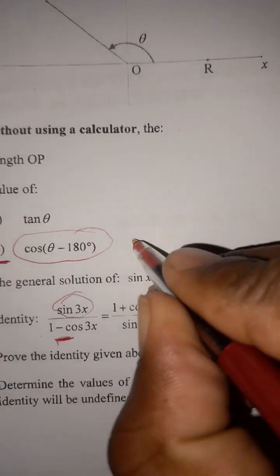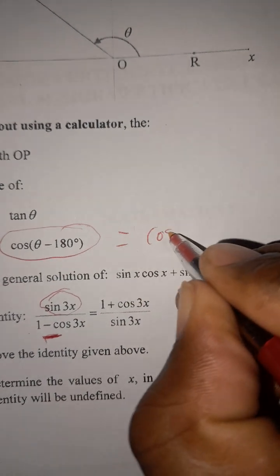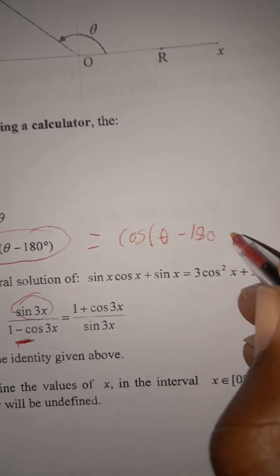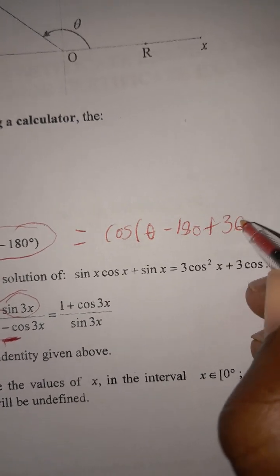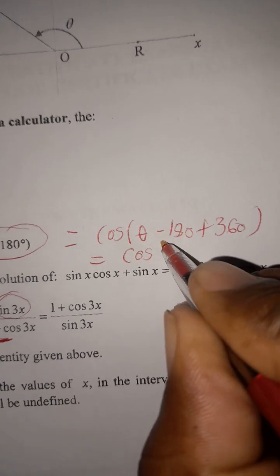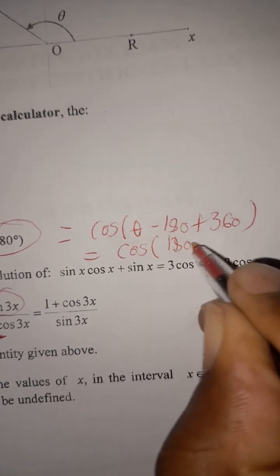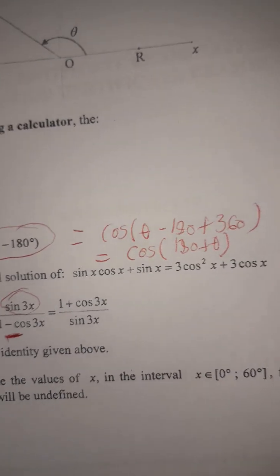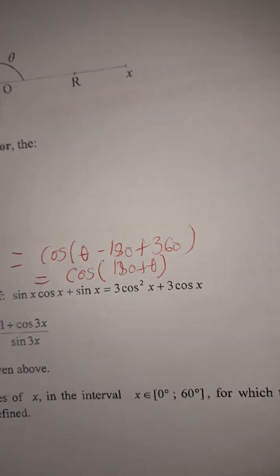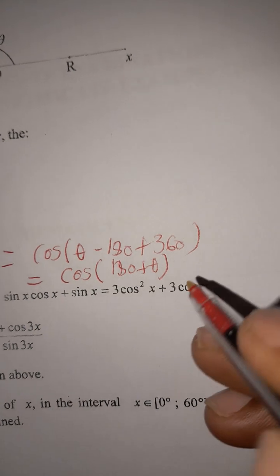So cos(theta minus 180), then we add 360, so we are going to have cos(180 plus theta).